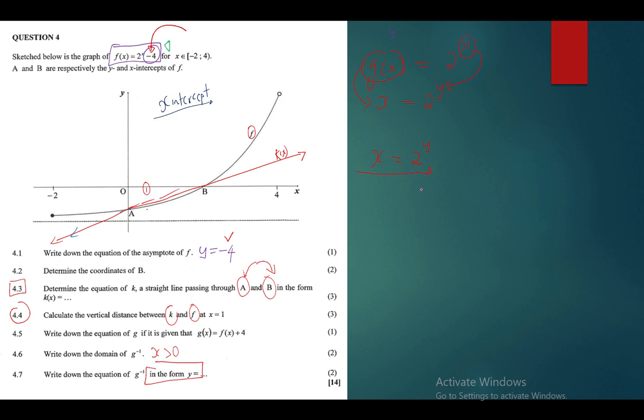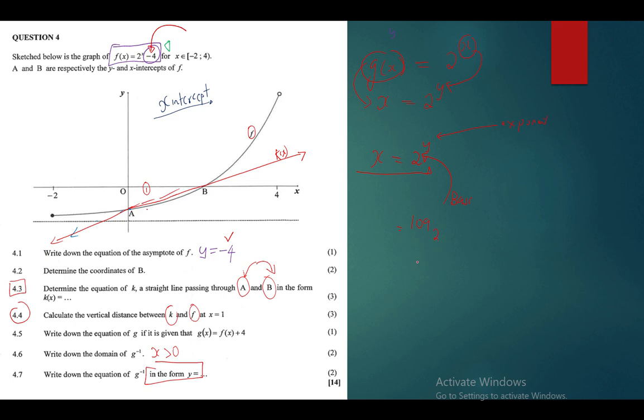How do you make y the subject of the formula? On this equation, I want you to identify the base. 2 is your base, and y is your exponent. So you come to this base 2 and put log in front of your base 2.